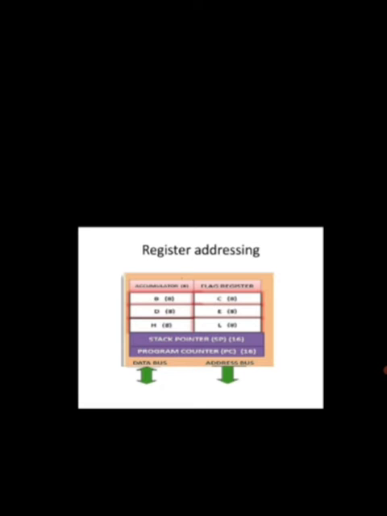There is the accumulator and flag register. The accumulator is 8-bit. It is the main register used to store the result of arithmetic and logical operations. Next are the general purpose registers B, D, H, C, E, L. Each of B, D, H, C, E and L contains 8 bits.